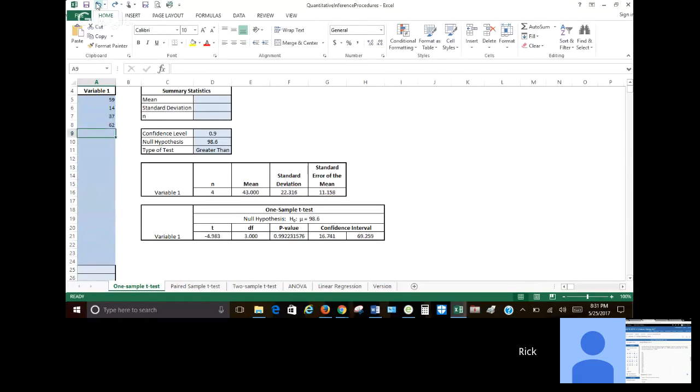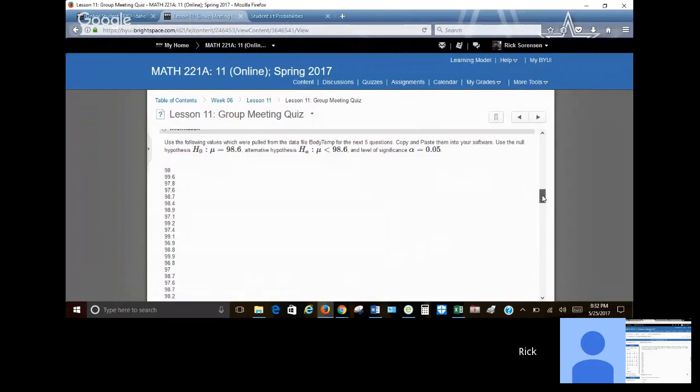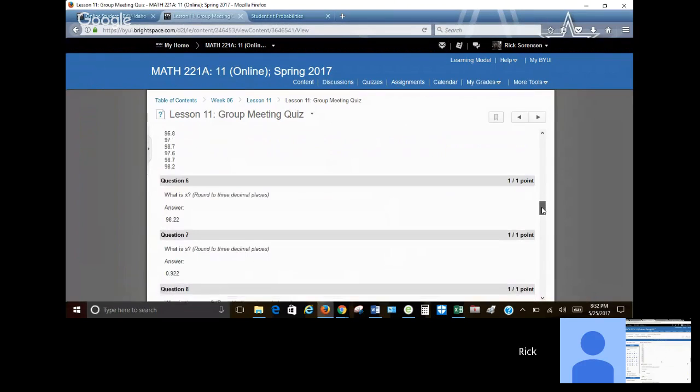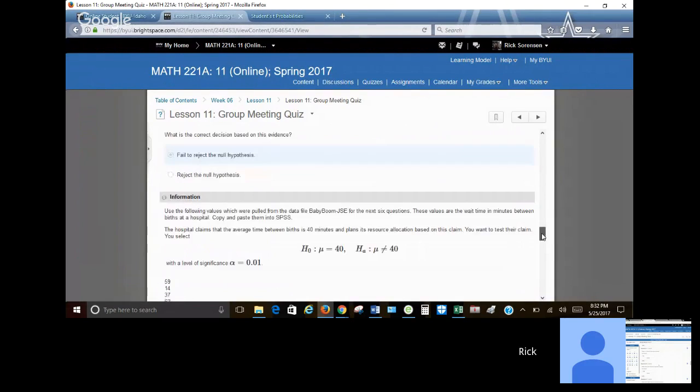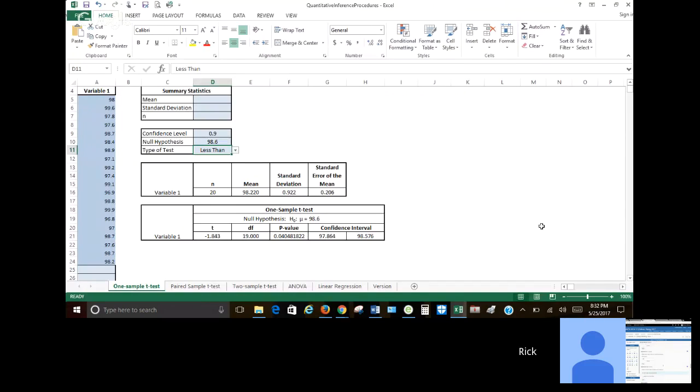I'm just hitting the back button on my Excel. So this should be less than, right? Yeah, that changes the p-value to 0.04 if you go less than. Okay, yep, 0.04. How many decimals does it want on that one? Number 9 said 3 decimals, so it changes to 0.04.